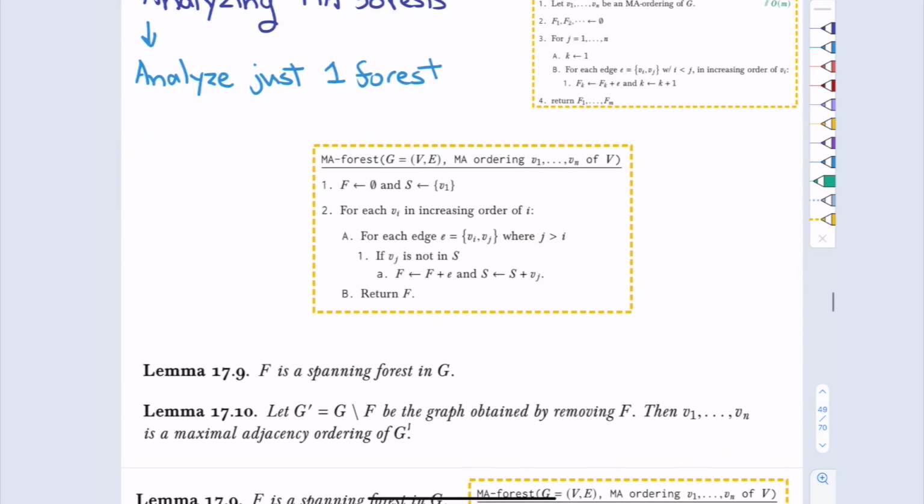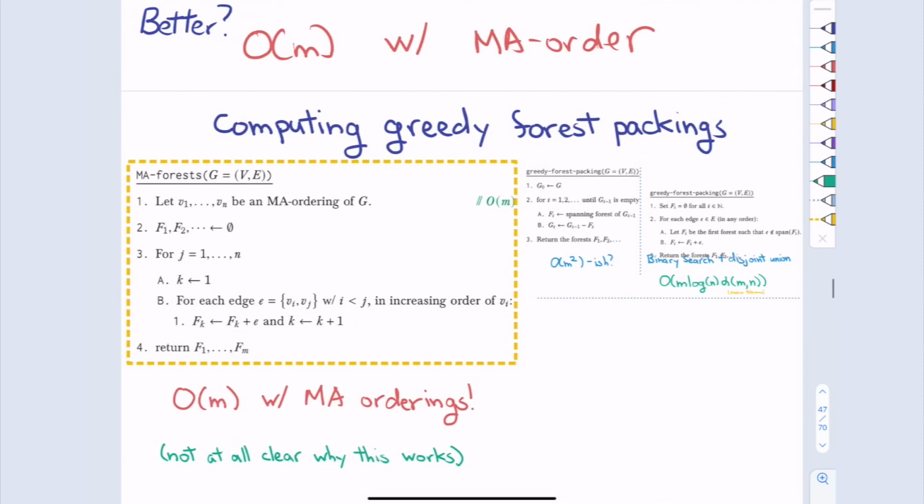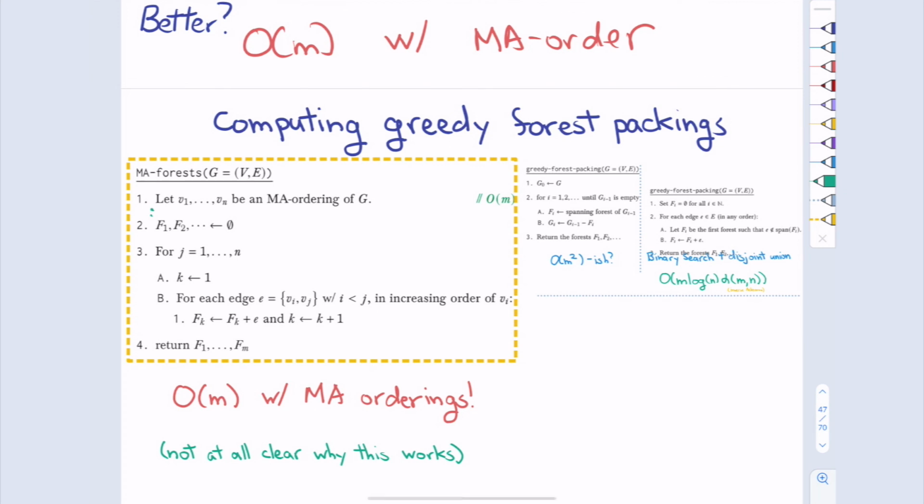Okay, so I only mentioned that the idea for computing the forest is sort of slick. You do one maximum adjacency ordering of the graph, okay?